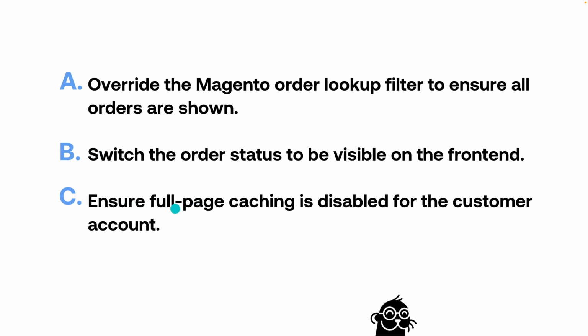C, ensure full page caching is disabled for the customer account. That maybe is possible. Maybe some module has full page caching enabled on the customer account area, and the shipping event then flushes some of the cache tags out. So let's look at each one of these individually and examine its credence.